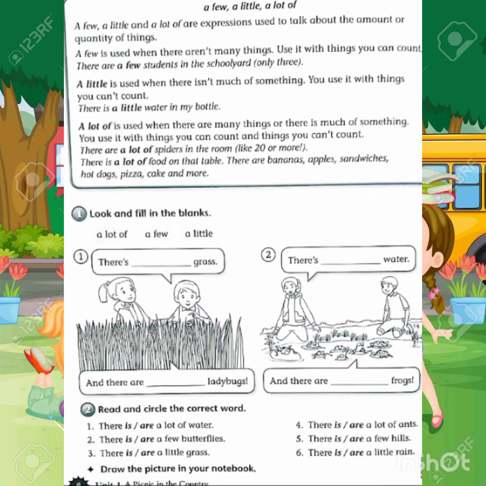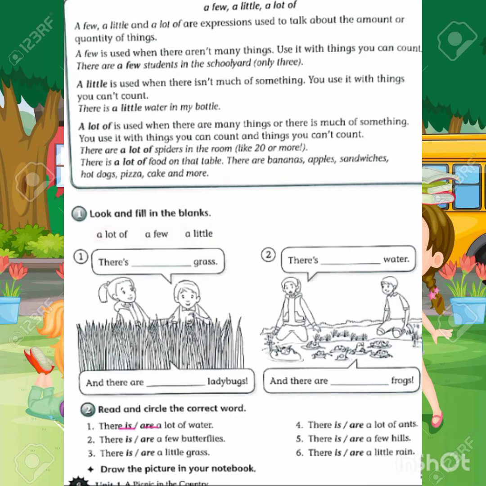You have is and are. Remember, we use is with singular and we use are with plural.